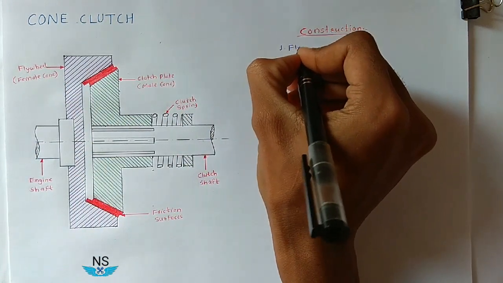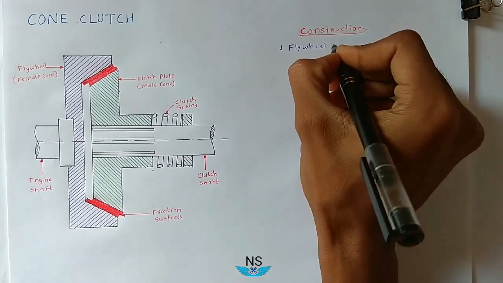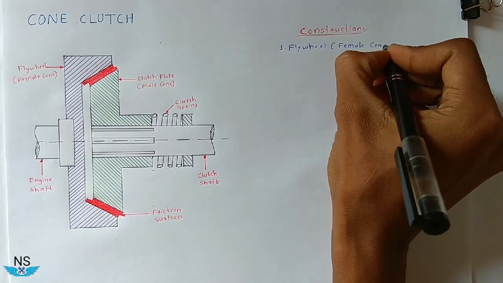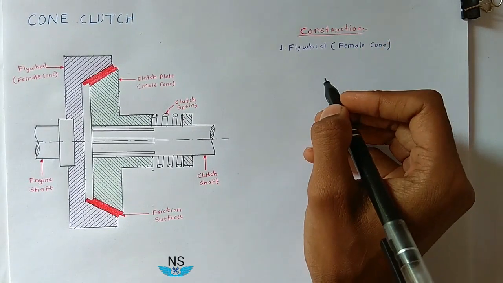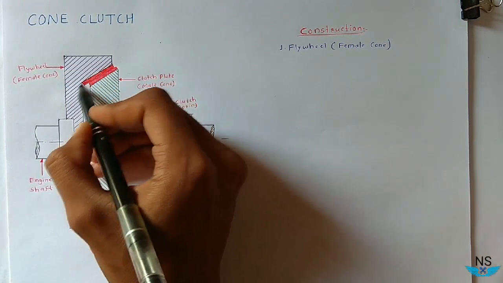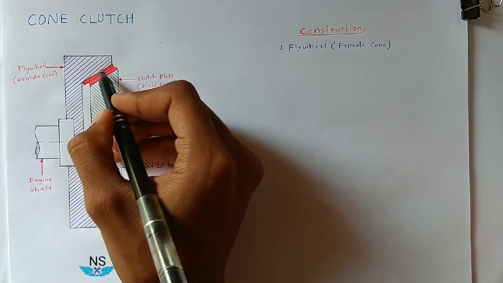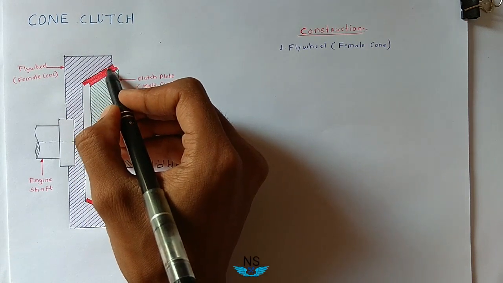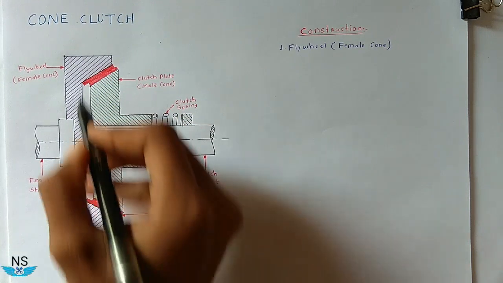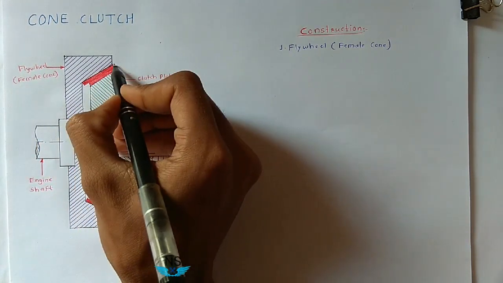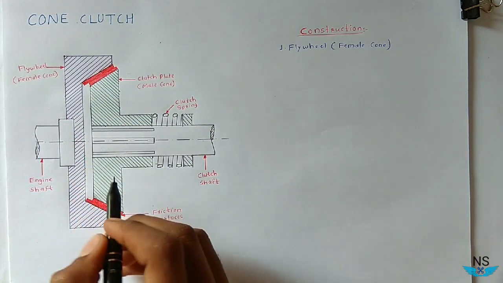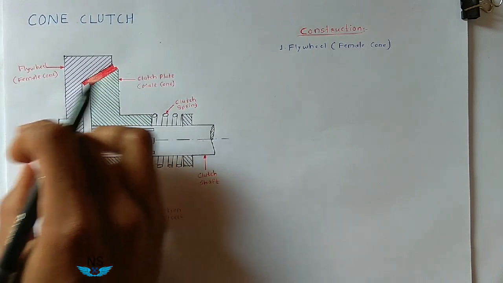The peripheral surface of this flywheel is made conical on inner side, and it carries a friction material on inner side of conical surface, and it is attached to engine shaft.